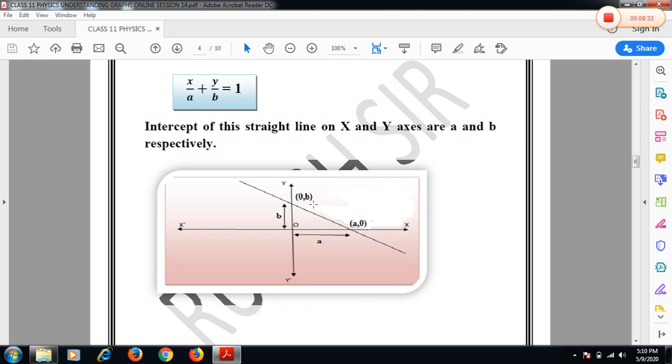So in this type of scenario, we can write the equation of the straight line by this form.